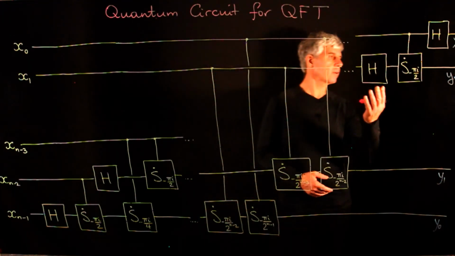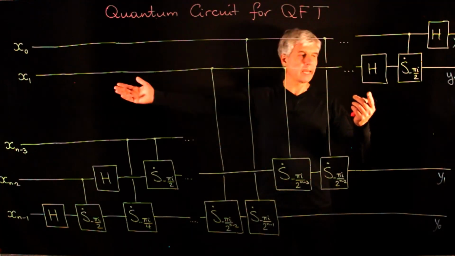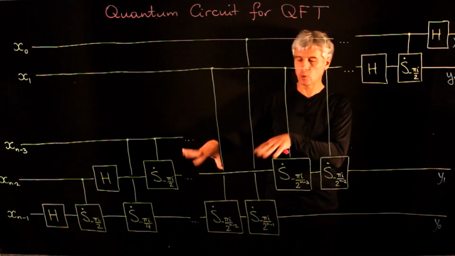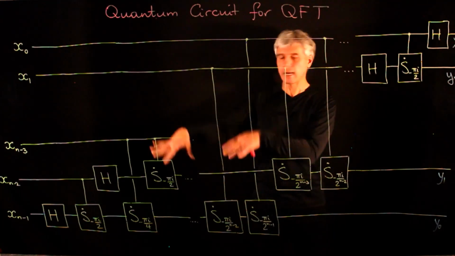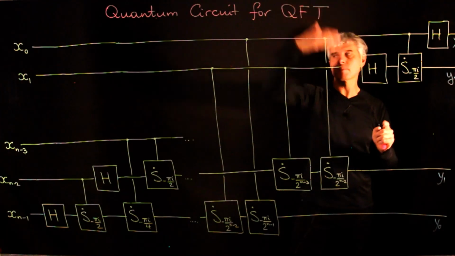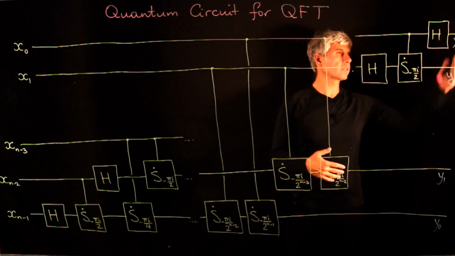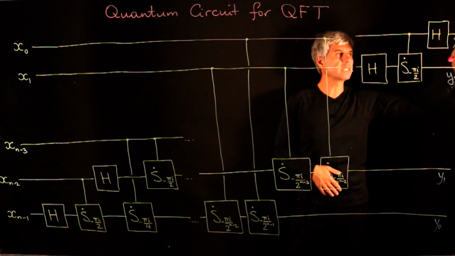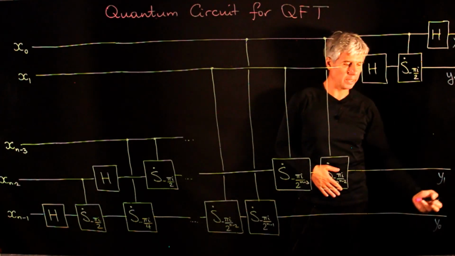And finally, for x1, after we applied all controlled rotations to the higher bits, we apply Hadamard, and we apply controlled rotation by the bit x0. And in the bit x0, we just apply Hadamard, and this gives us the leading bit y n minus 1.